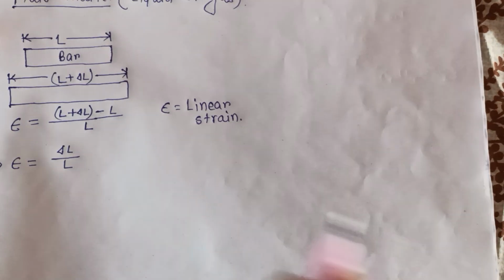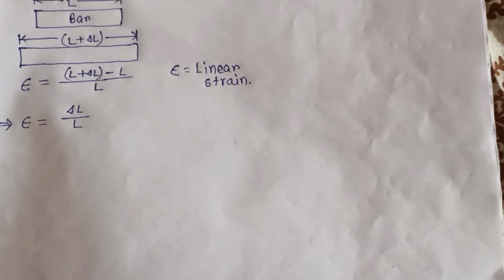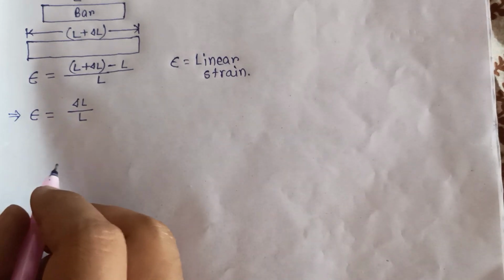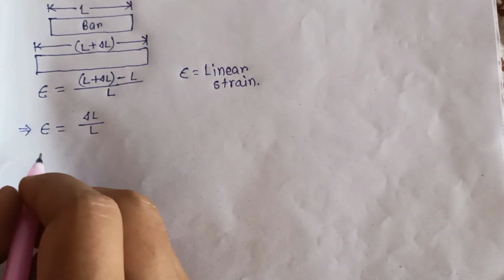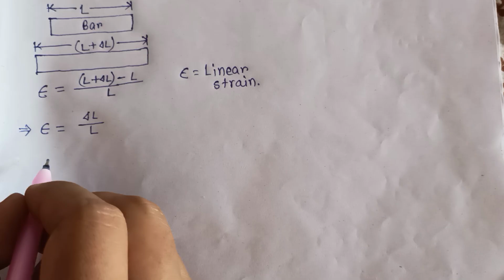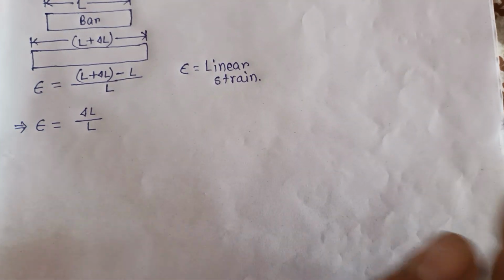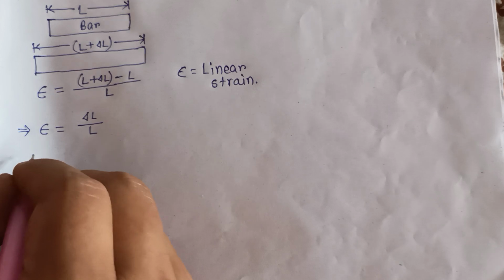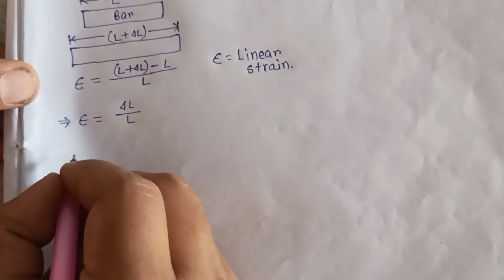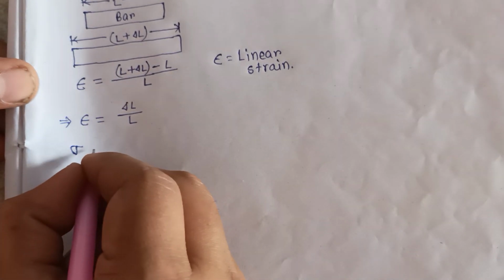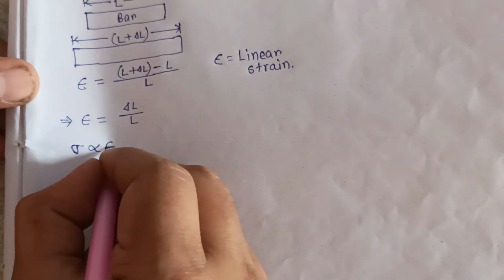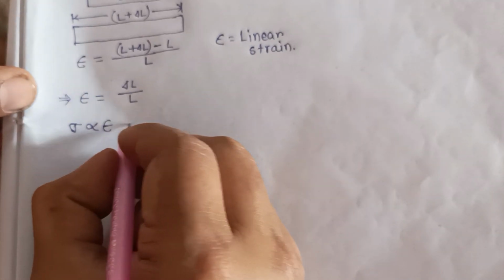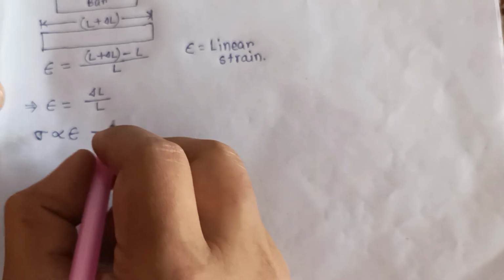Important: now there is one law, that is Hooke's law. Hooke's law states that stress is proportional to strain up to the elastic limit. So stress sigma is proportional to the linear strain.